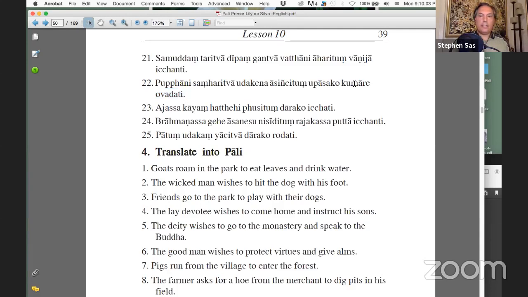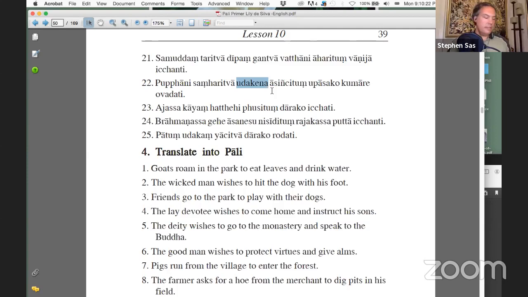And who are they advising? The accusative plural, Kumare, boys. And then we can stick in here our infinitive, to sprinkle them. And then how? Our instrumental, with water. Exactly as you said. Very good.